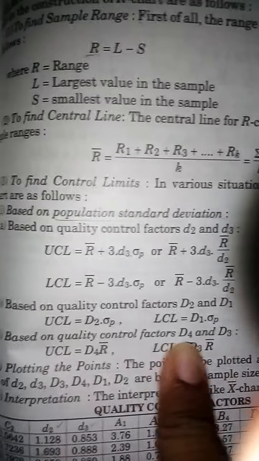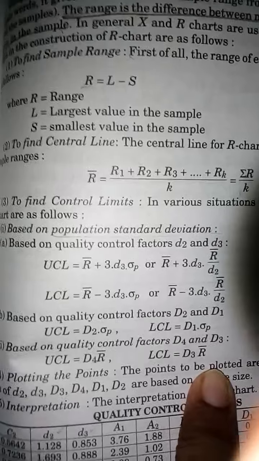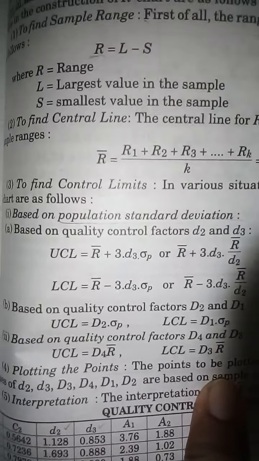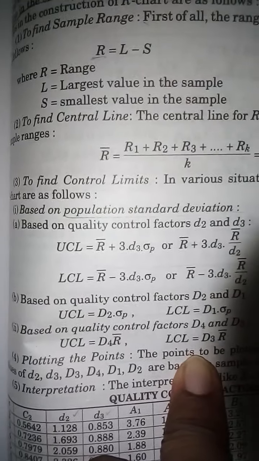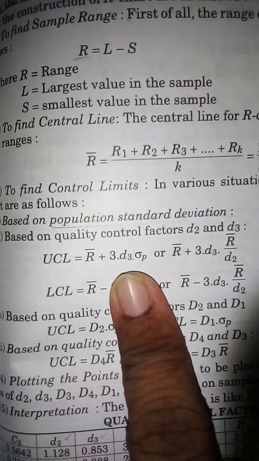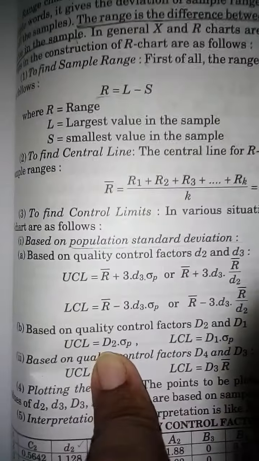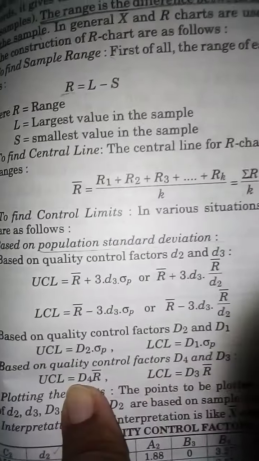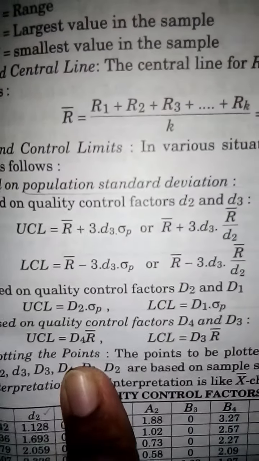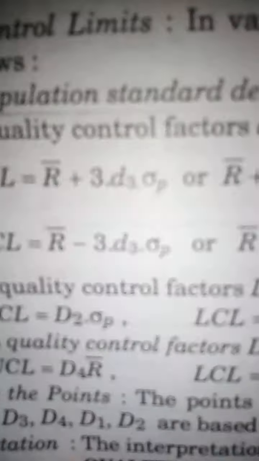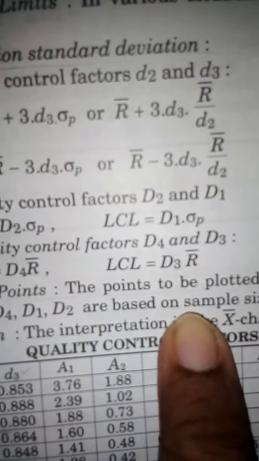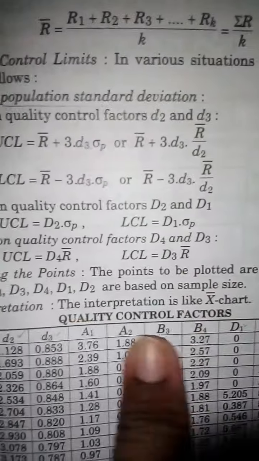And if the values of D4 and D3 are given, and the population standard deviation is not given, then we have to calculate UCL equal to D4 R bar and LCL equal to D3 R bar.